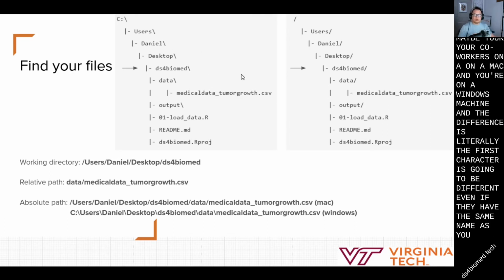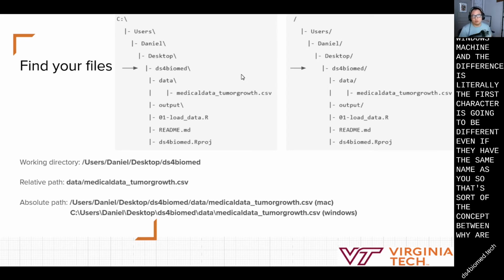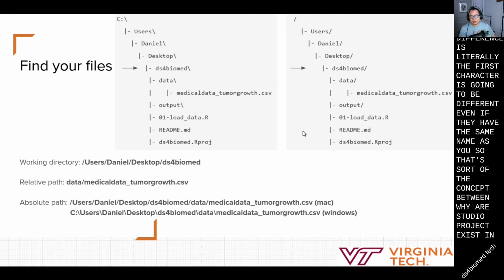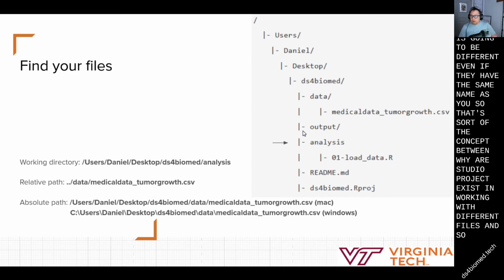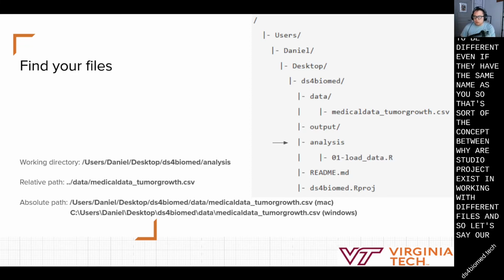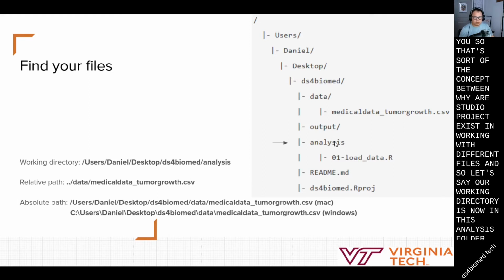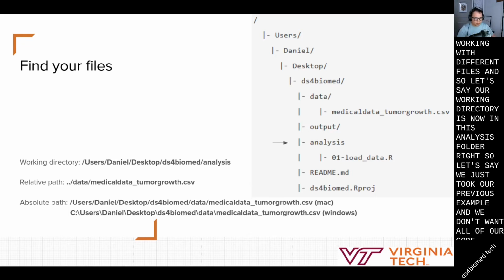So that's the concept behind why an RStudio project exists and how it can help you in working with different files. Let's say our working directory is now in this analysis folder. Let's say we just took our previous example and we don't want all of our code in one folder.